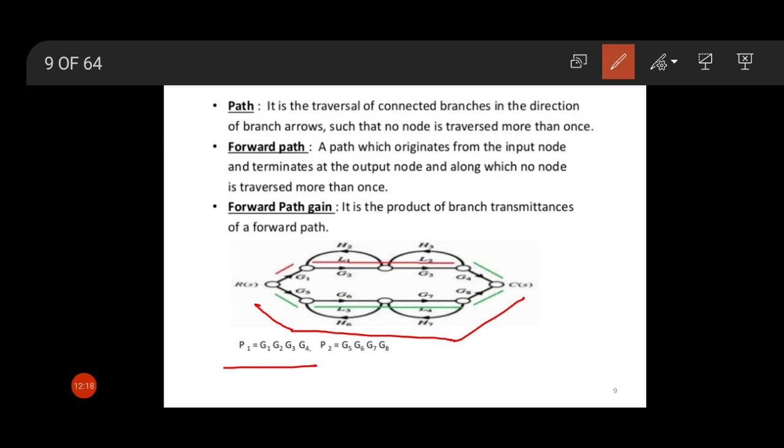So in this signal flow graph there are two forward paths, and the forward path gain of the first forward path is G1, G2, G3, G4, and the forward path gain of the second forward path is G5 into G6 into G7 and G8. So forward path gain is the product of branch transmittance of a forward path.